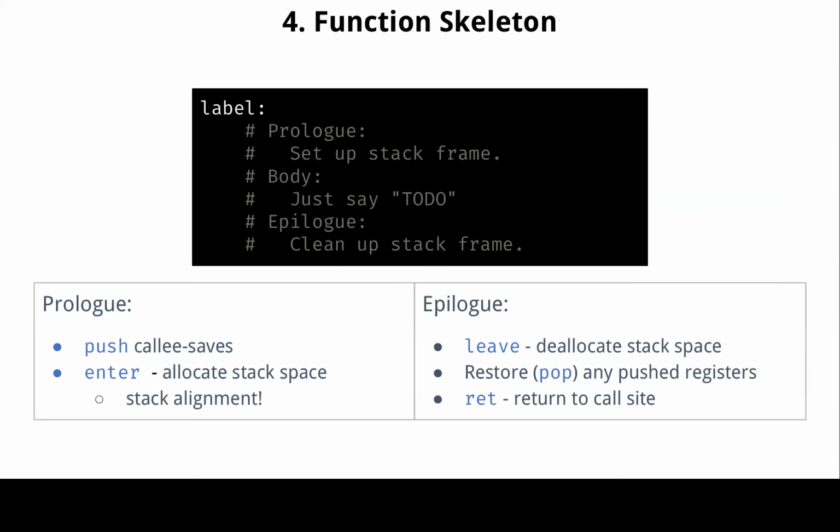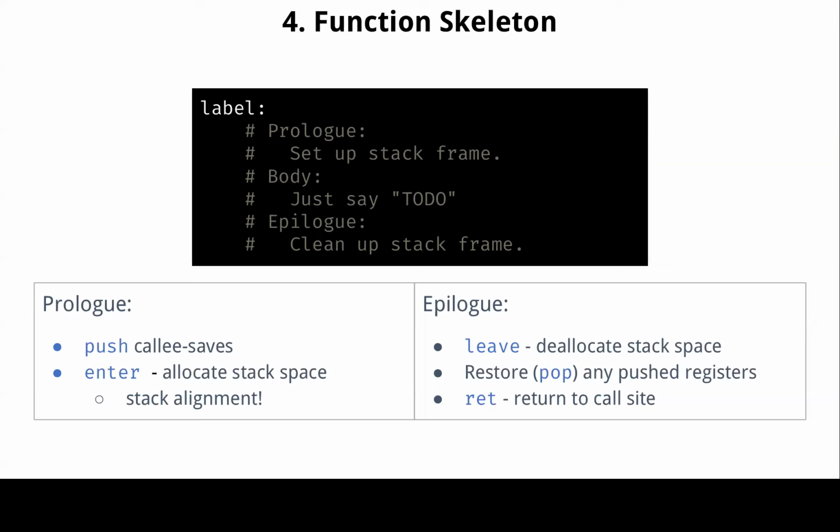Then at the beginning of the function, we always have the prologue. At the end of the function, we always have the epilogue. And you already saw that multiple times. The prologue is just a push RBP, push the callee-saved registers, and use enter. So enter is push RBP, move RSP to RBP, right?